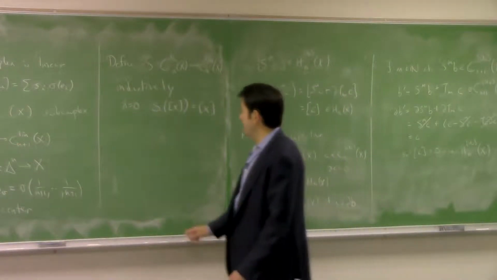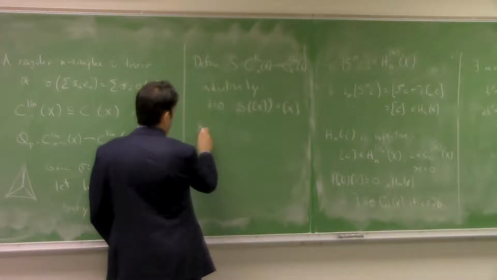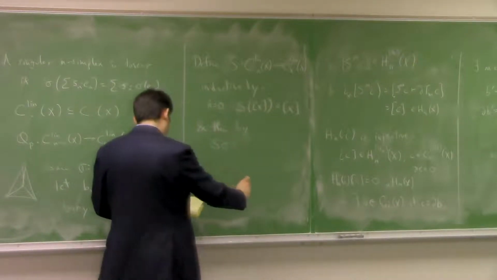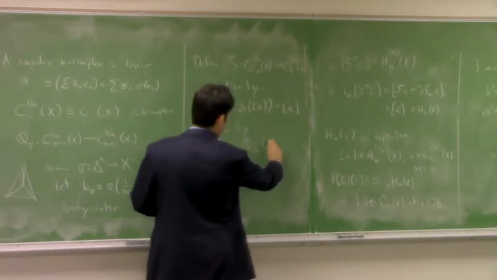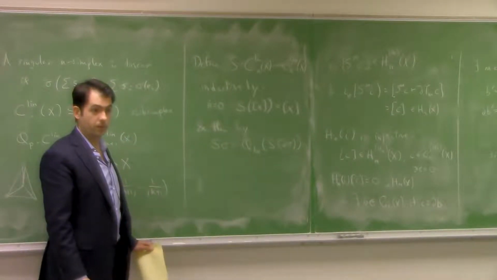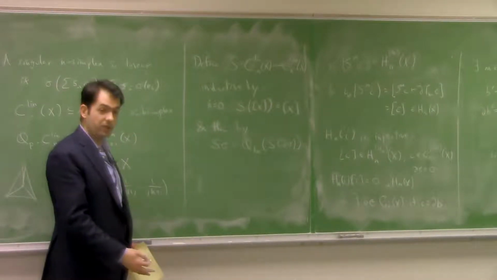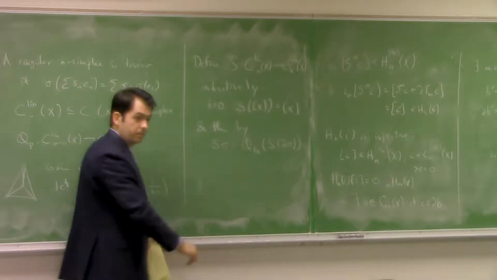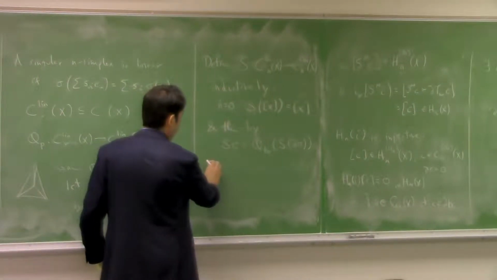And then S of a simplex sigma is going to be Q_{B_sigma} of S of the boundary of sigma. So if you know how to do it for n-simplices, then this is how you do it for (n+1)-simplices, because the boundary is an n-chain, so you know how to subdivide that, and then you cone. So let's look at what's happening for small n.